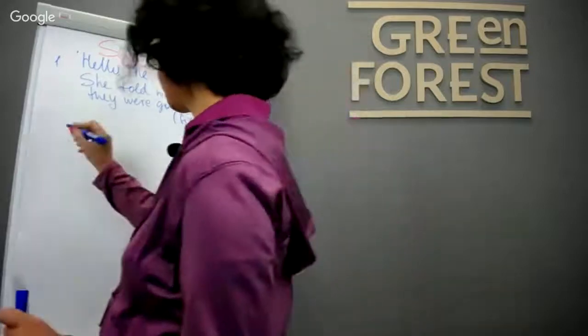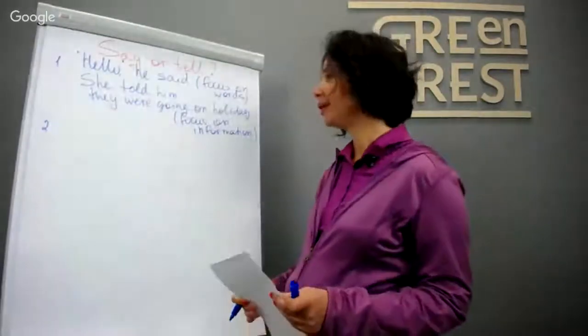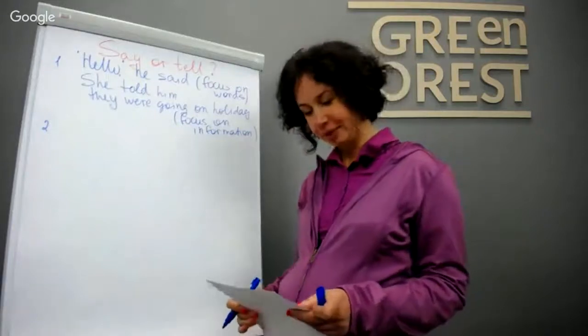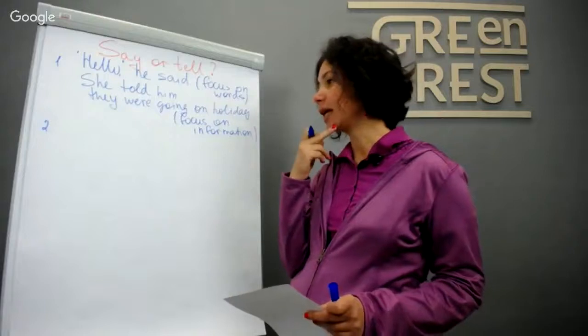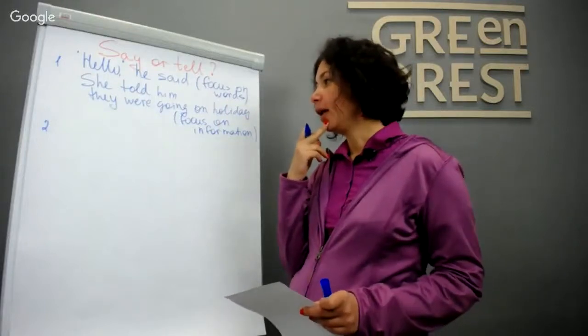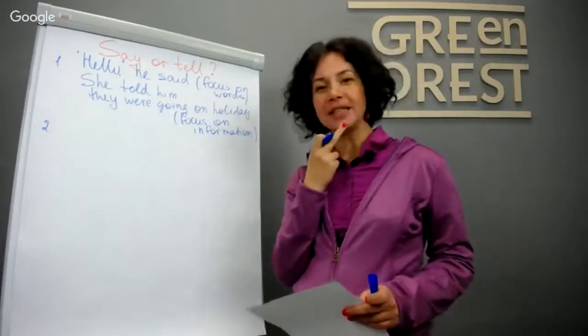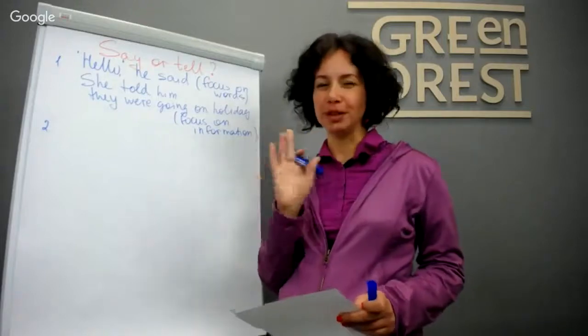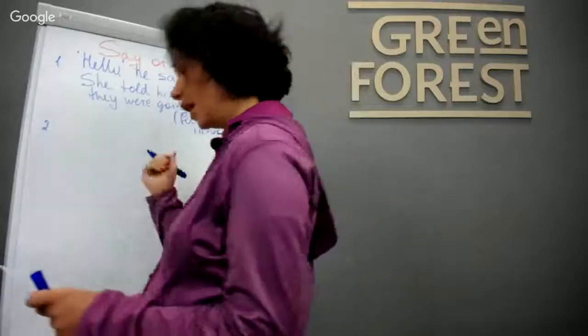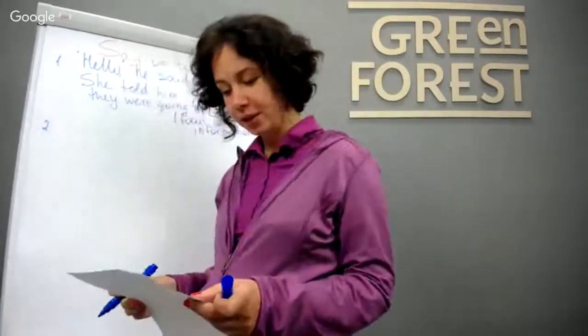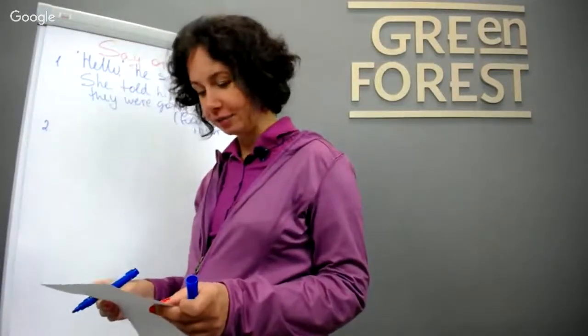Second of all, it's easy to remember, but it's also important. After say and tell, we always have such things as direct and indirect objects. You don't need to know what they are, but I want you to pay attention. I will write you two examples, and you will see the difference between them.